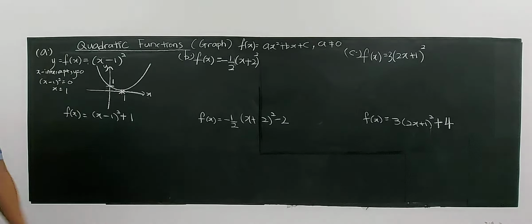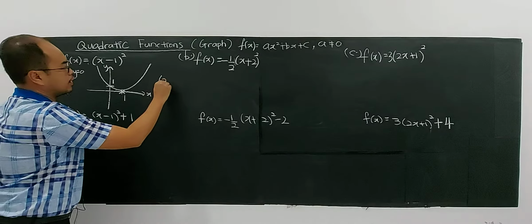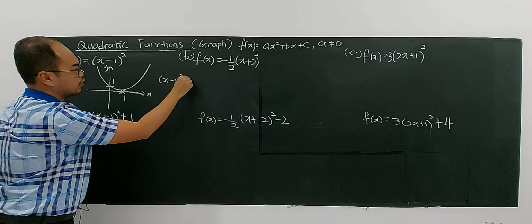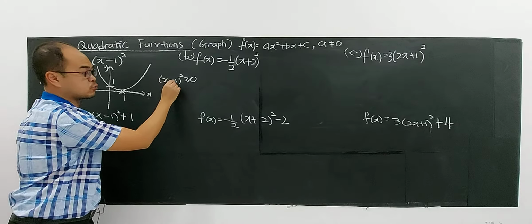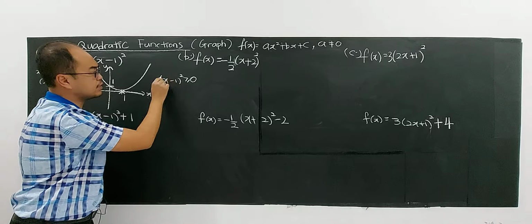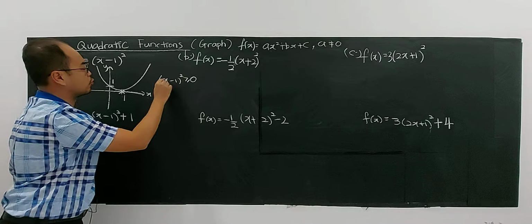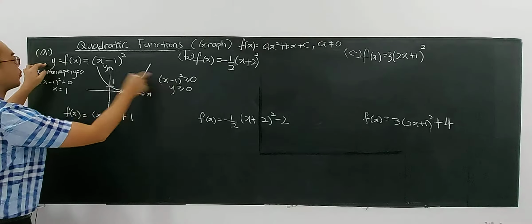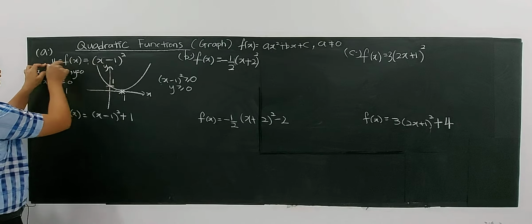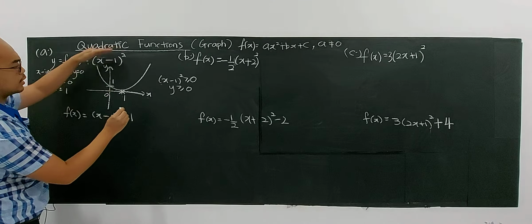Very simple actually. Once you see x minus 1 square, by the property of quadratic it is always at least 0. Anything square, x plus 2 square, anything inside here, once you square it, it will be at least 0. So the y value will be at least 0 and above.